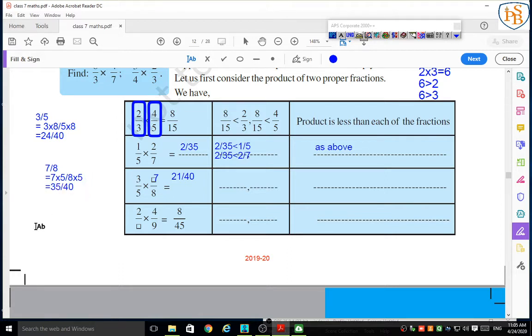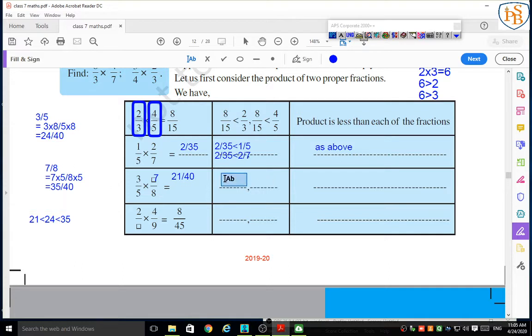Now our denominator is the same, so we can compare the numerators. Look at here, this 21 is smaller than 24, and again smaller than 35.